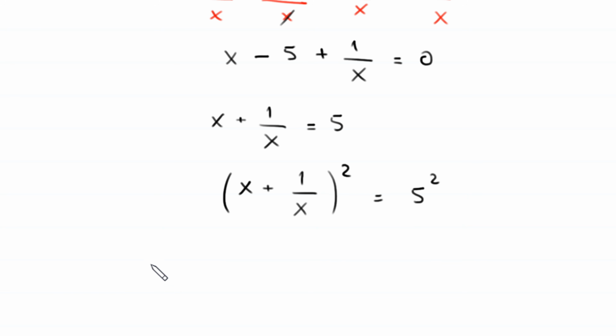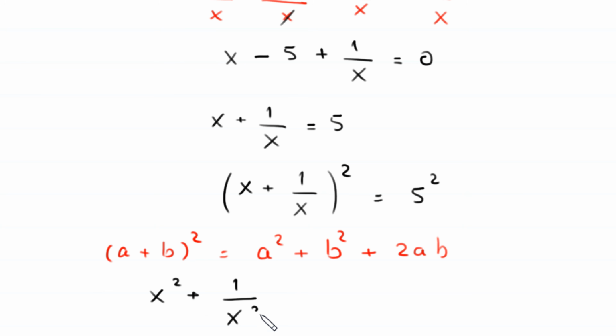By using this algebraic identity, a plus b whole squared is equal to a squared plus b squared plus 2ab, the left hand side will become x squared plus 1 over x squared plus 2 times x times 1 over x, equal to 5 squared, which is 25.